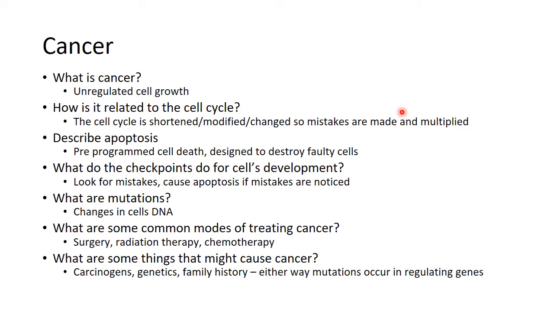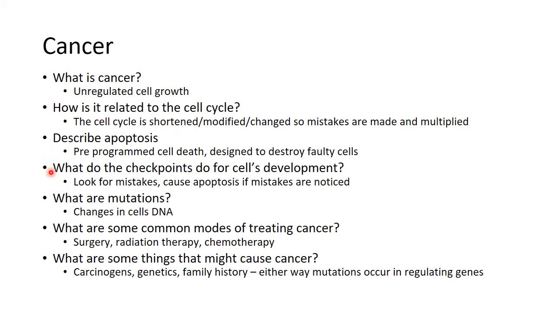If it self-destructed, that would solve the problem. By the way, when I say self-destruct, the real term I should be using is apoptosis. This is basically a pre-programmed cell death designed to destroy really messed up cells. So anytime a mistake happens, this is supposed to happen. But in cancer's case, it's not. So those cells just keep multiplying and replicating the mistake, and then of course, we end up with complications.